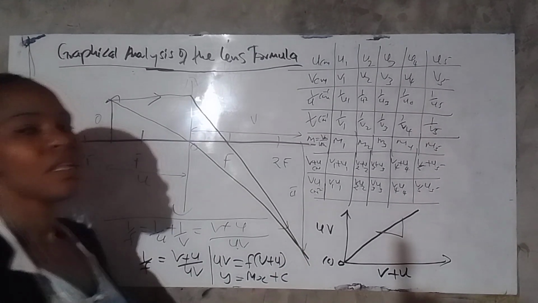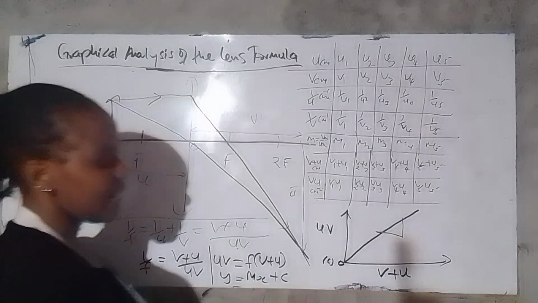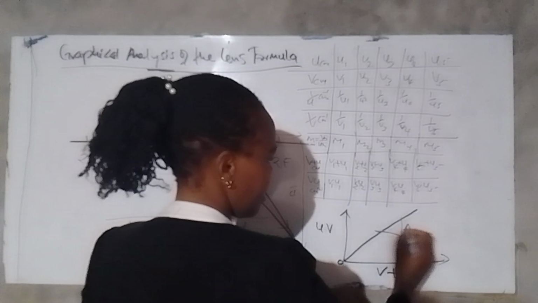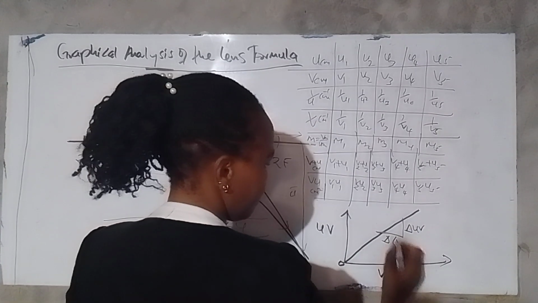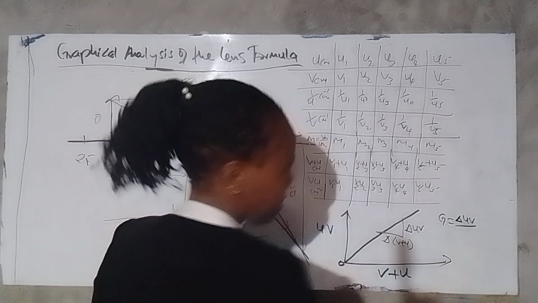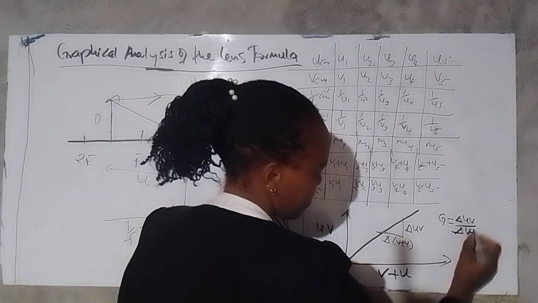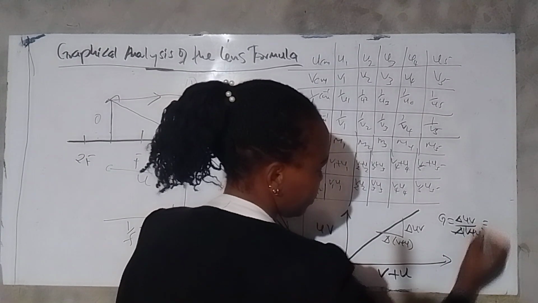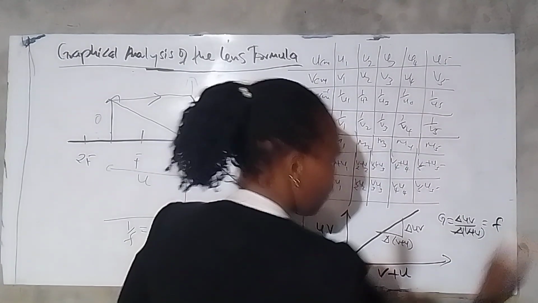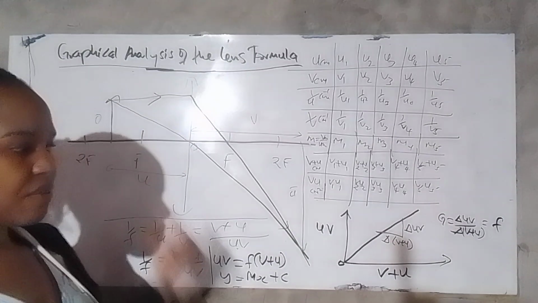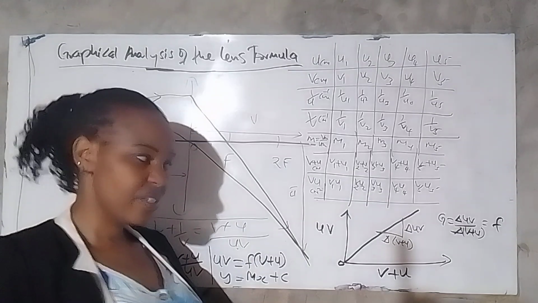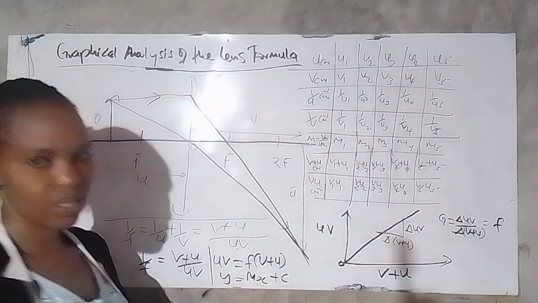Then the gradient, change in UV against change in V plus U, that should give us F. So the gradient of our graph is the focal length. The gradient of a graph of UV against V plus U is the focal length of our lens.